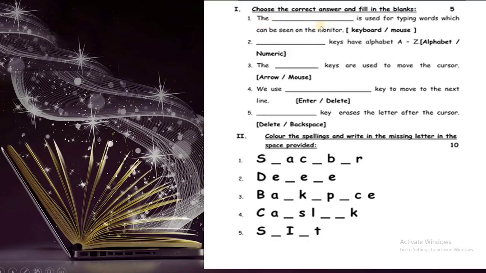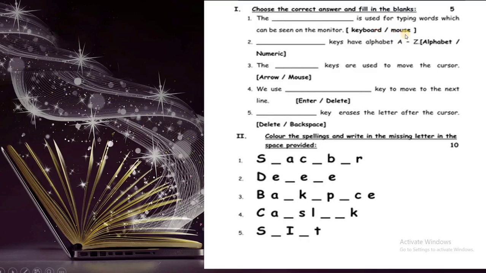The dash is used for typing words which can be seen on the monitor. What is the first question? The dash is used for typing words which can be seen on the monitor. So the given options are, first, keyboard and the second, mouse.